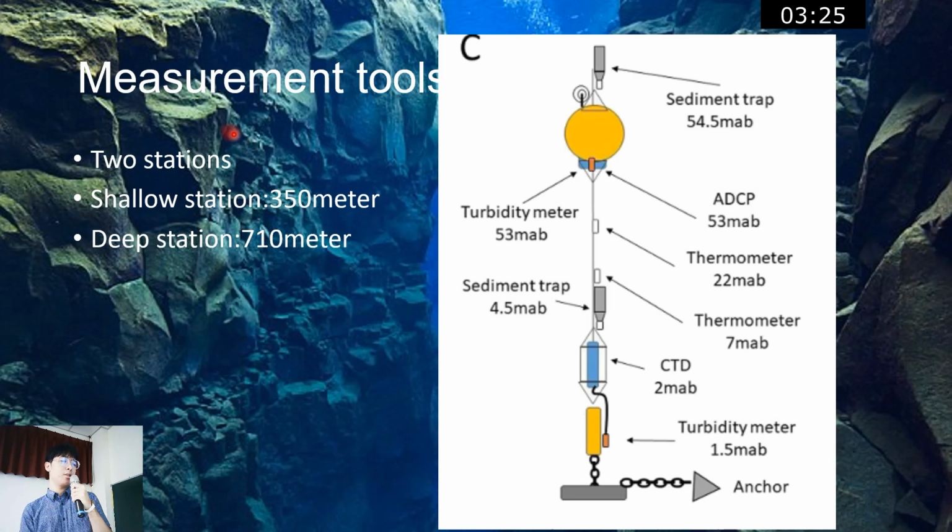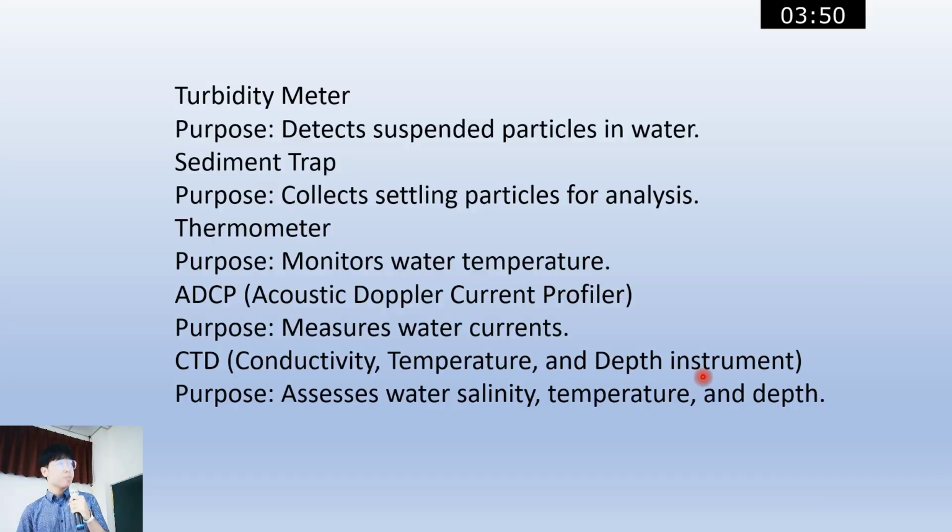And these are the measurement tools. We have two stations. The shallow station is at 350 meters under the sea, and the deep station is 710 meters under the sea. This is the sediment trap, this is the turbidity meter, this is the ADCP, and this is the thermometer. It's CTD.